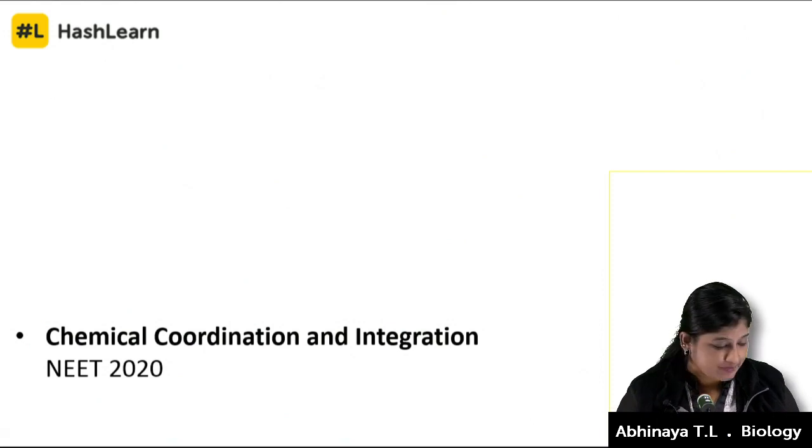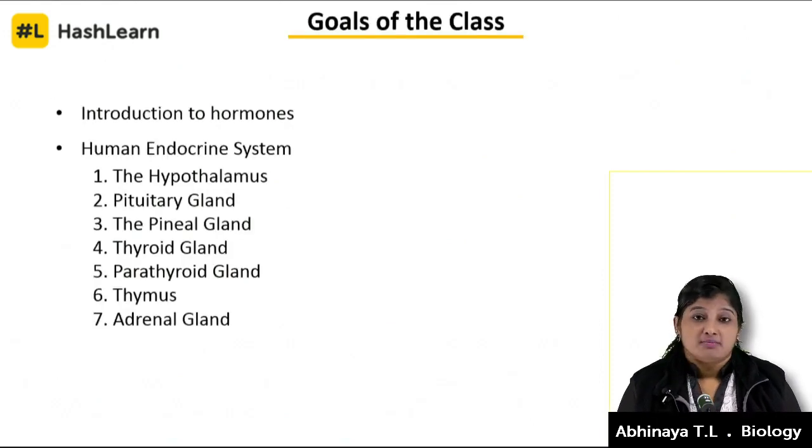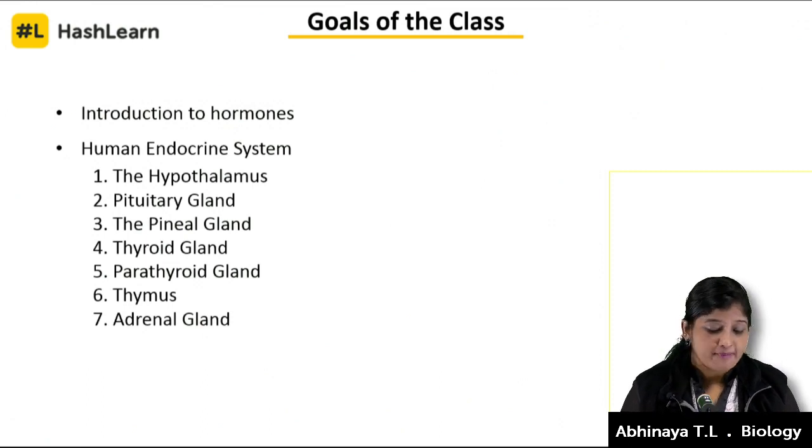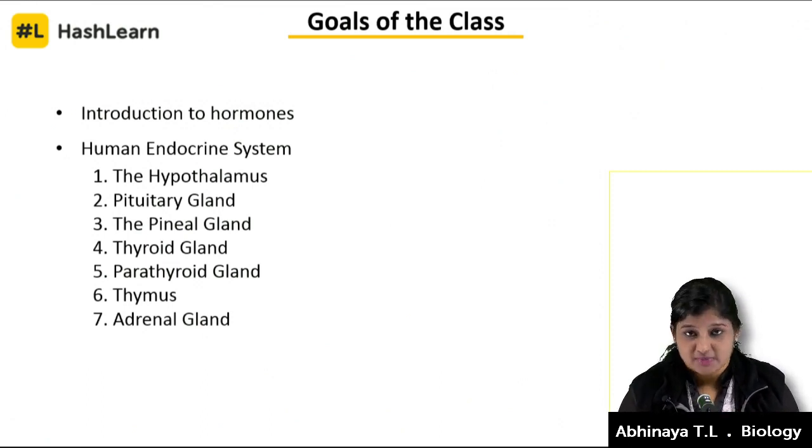We all know that. So we are going to nail down the introduction to hormones. Human endocrine system: hormones are secreted by a number of endocrine glands. Collectively, the endocrine glands and the hormones are called the endocrine system.